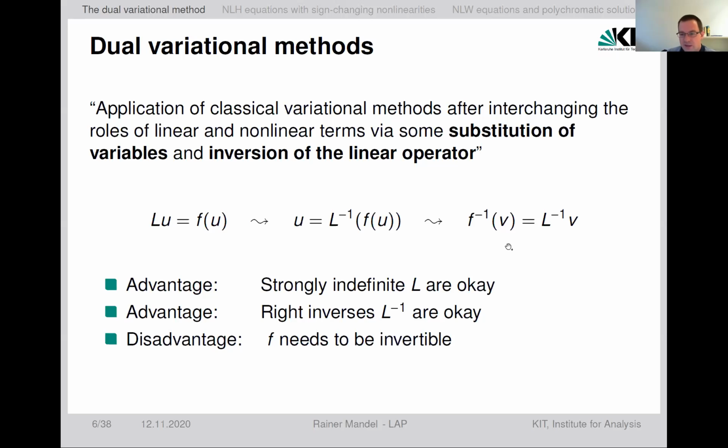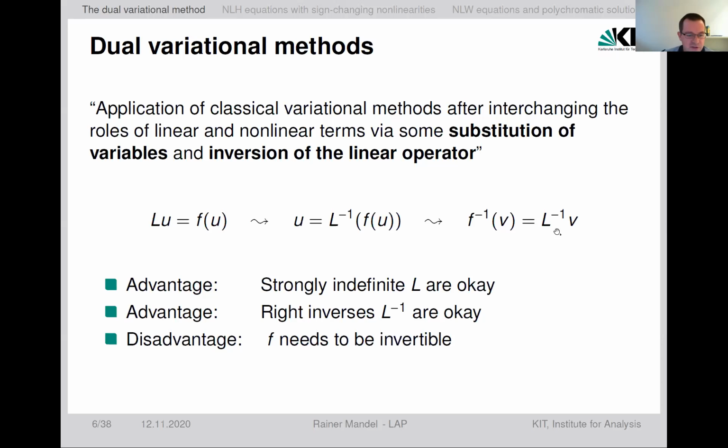And if you're lucky, then this problem has a good variational structure, and you can use a critical point theorem from your list before, so the mountain pass theorem, for instance, or even different critical point theorems. And in such a way, you can find a solution of this equation.